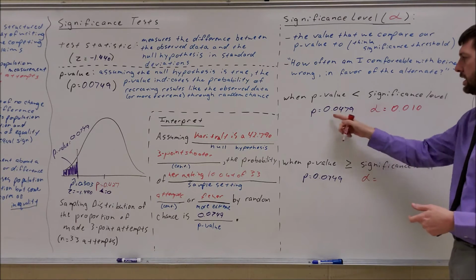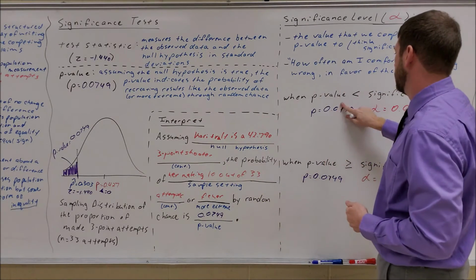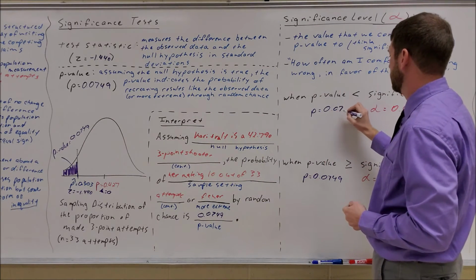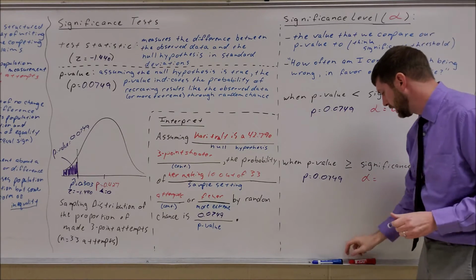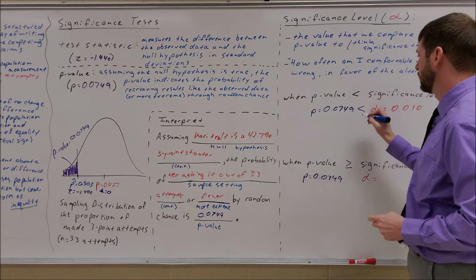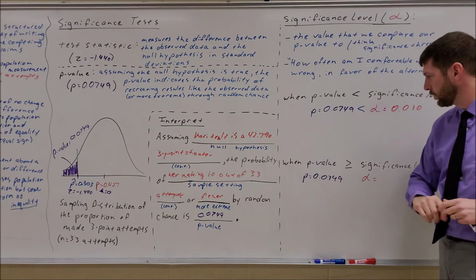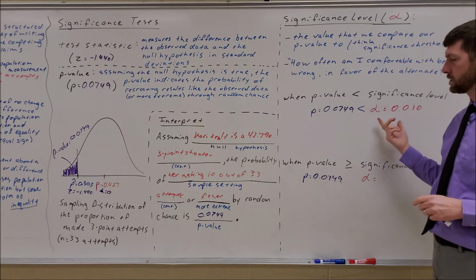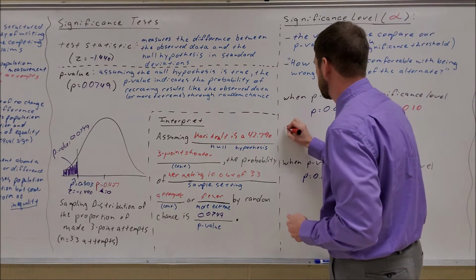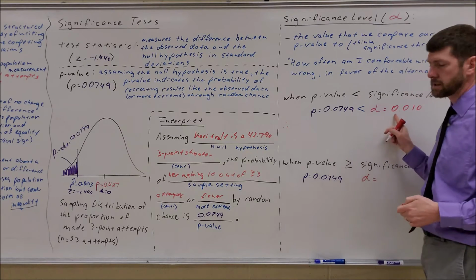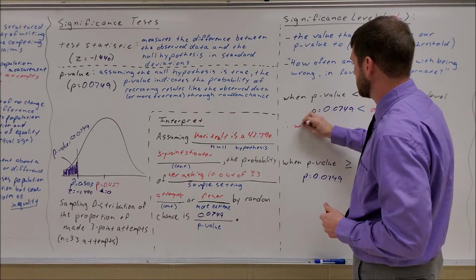So if that was the case, if our p-value of 0.0749 actually is less than our significance level, then what we would say in this case is we would reject, okay? So since p is less than alpha, we reject the null hypothesis.